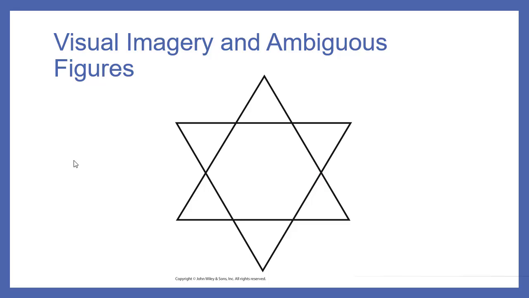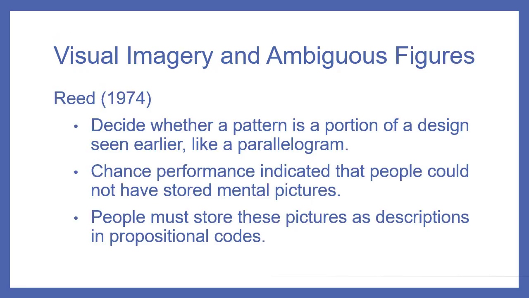One of the tasks that came from this was to look at this object for a second, 3, 2, 1, and decide something about it. Was a part of this pattern a parallelogram? And you would think, well, I didn't see a parallelogram. But could it have been in there?